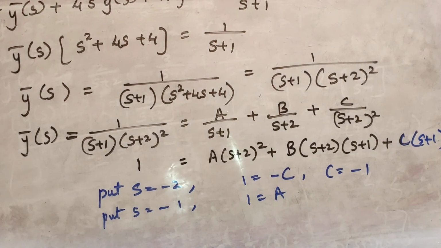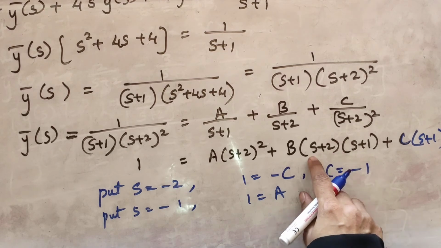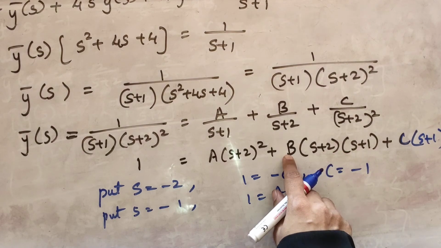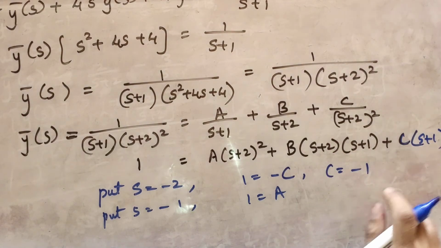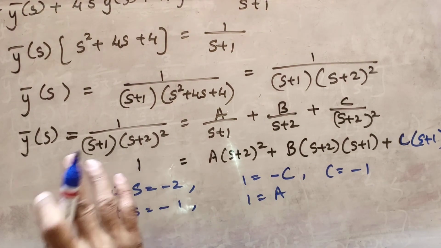Now you just compare the coefficients of A and B, the coefficient of S square you should say. Where all do you get S square? You get S square here, as well as here, because S into S gives you S square, into B. There is no S square with C. So only with A and B there is S square, and on the left hand side there is no S square.